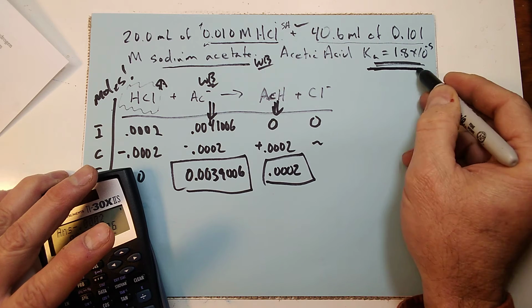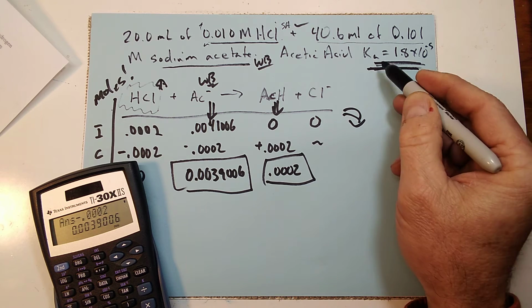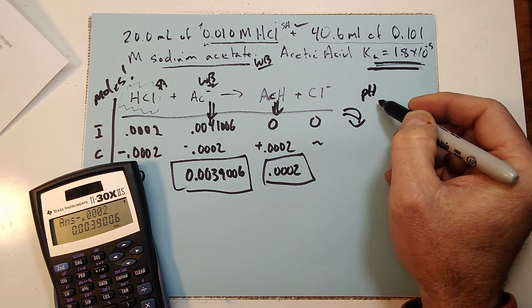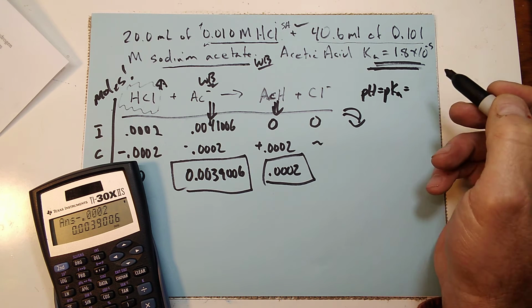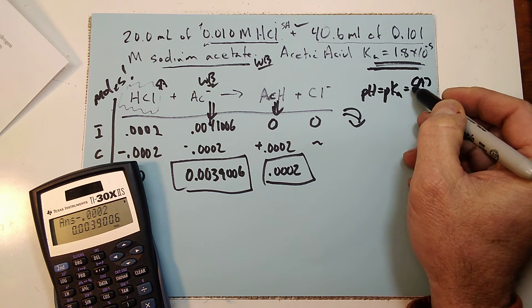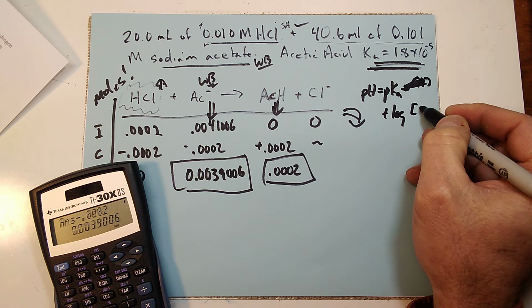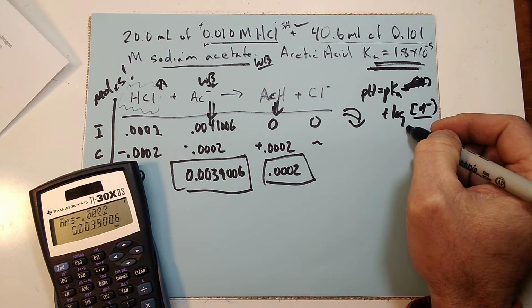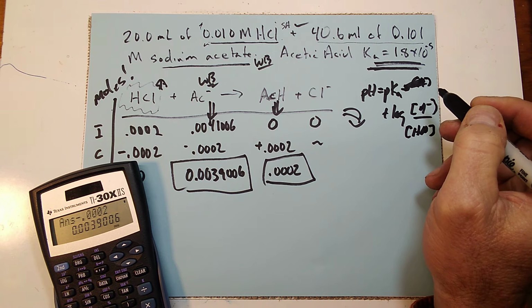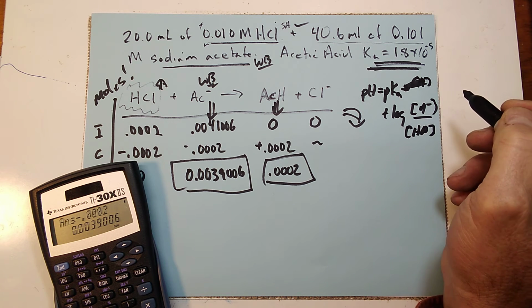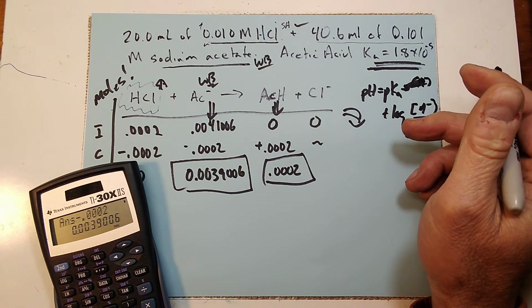Because they give us Ka, I'm going to use the Henderson-Hasselbalch equation, because I realize we can maybe use that more quickly: pH equals pKa plus log of A minus over HA. We're using that instead of going through a longhand version of this calculation.